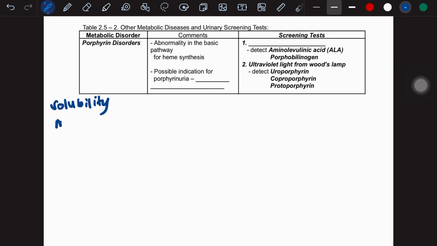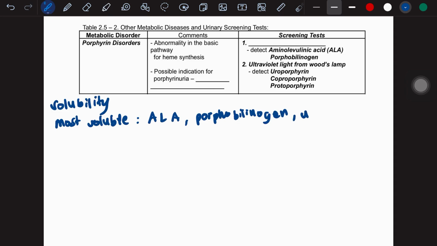So the most soluble, since soluble, of course, will readily appear in the urine. So that is your aminolevulinic acid, your porphobilinogen, and your uroporphyrin.